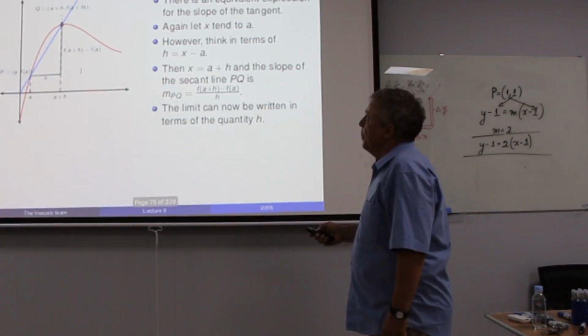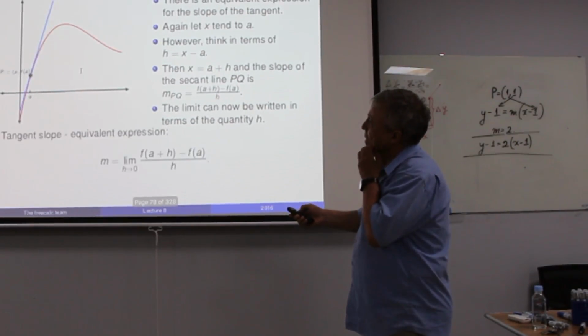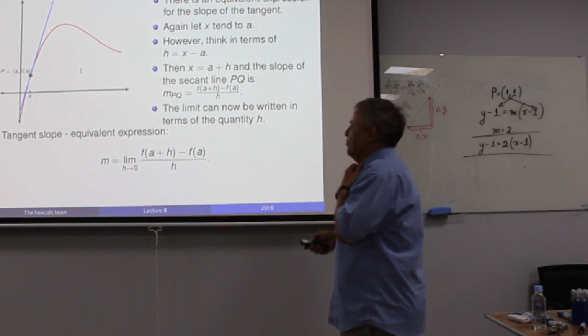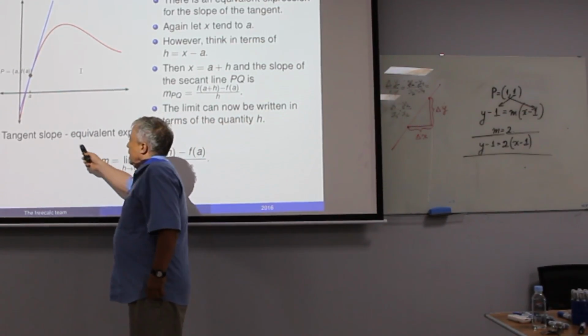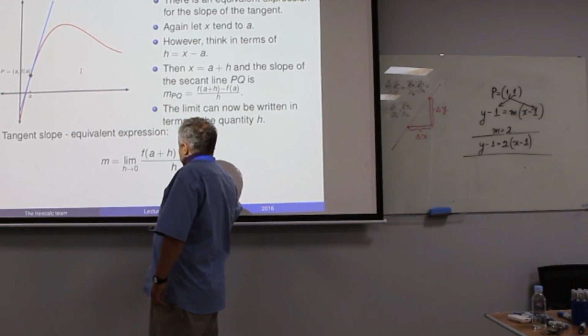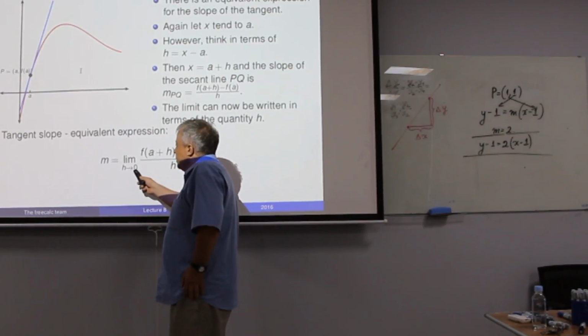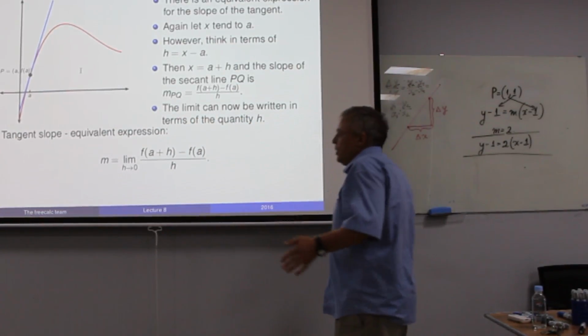Okay, so now again, this is the same as before, and we come to the conclusion that the slope of the tangent line is the limit of this expression when h goes towards 0. It's absolutely equivalent.